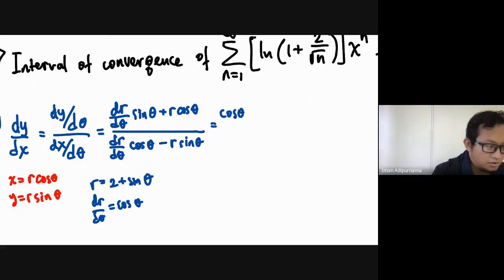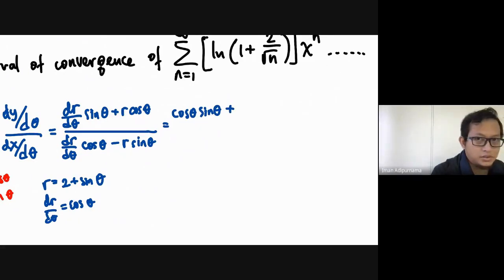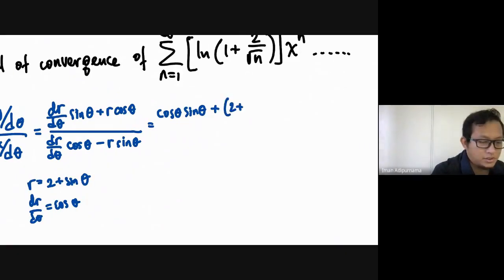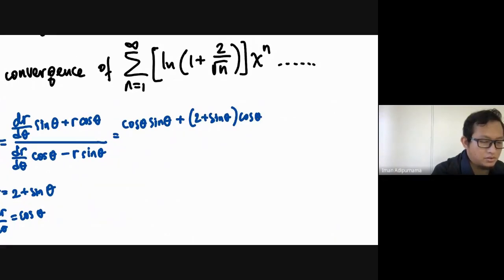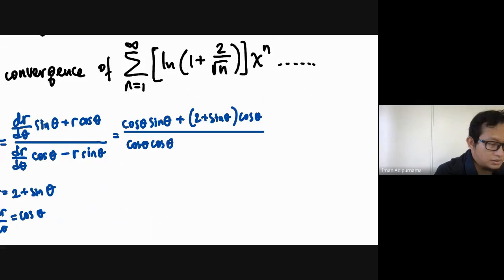So cos theta sine theta plus (2 plus sine theta) and then cos theta, and then cos theta cos theta minus (2 plus sine theta) and then sine theta.